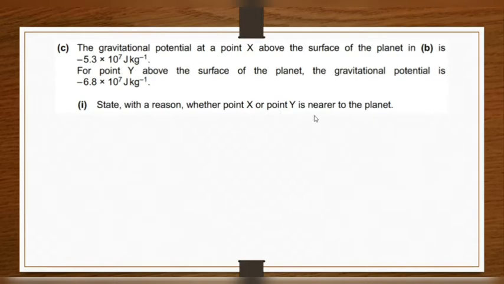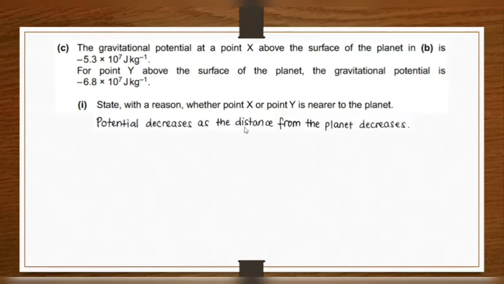In this case, we can say that this is similar to potential energy, or mgh. Here, the planet is the surface. So as the distance or the height from the planet increases, the potential energy increases and vice versa. So I can say that potential decreases as the distance from the planet decreases.